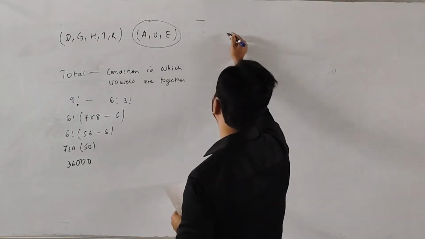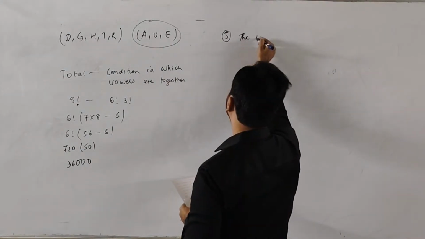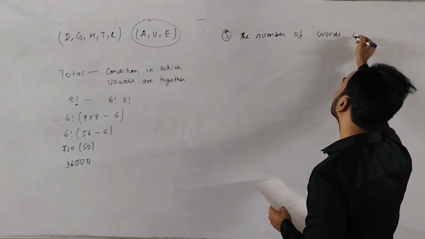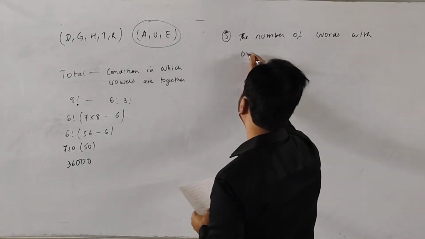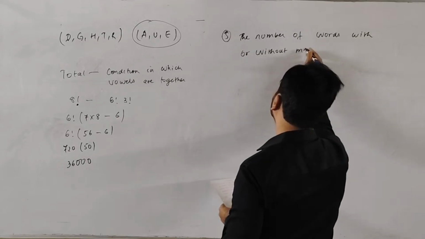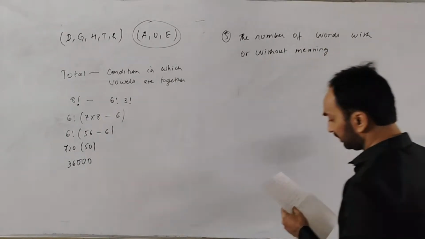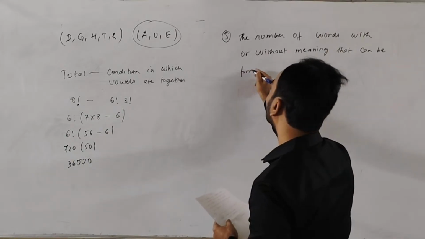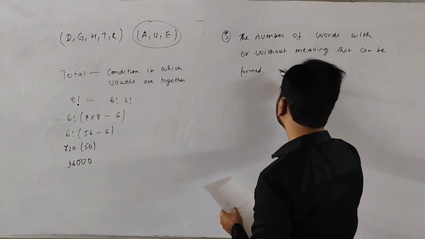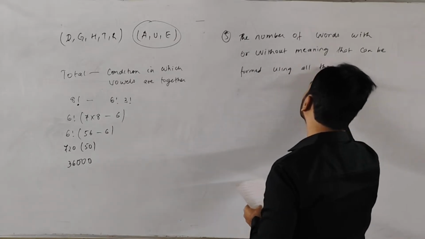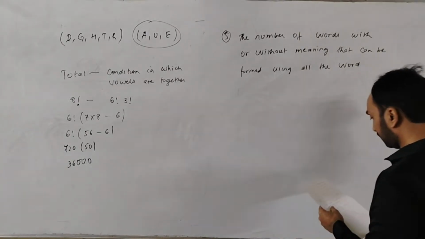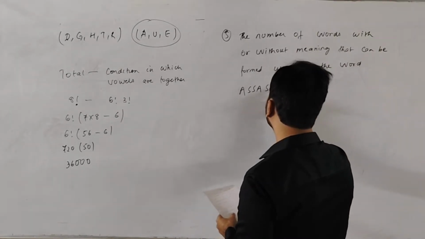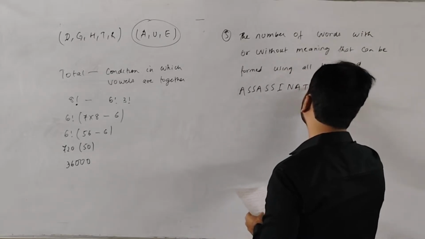The number of words, with or without meaning, that can be formed using all the letters of the word assassination, A-S-S-A-S-S-I-N-A-T-I-O-N, assassination, right?